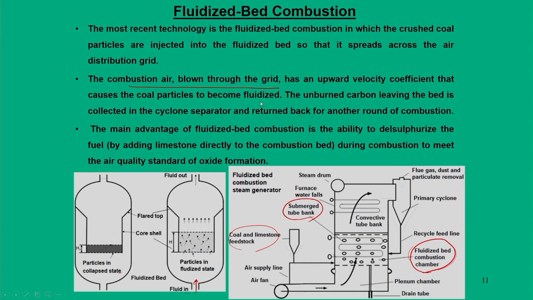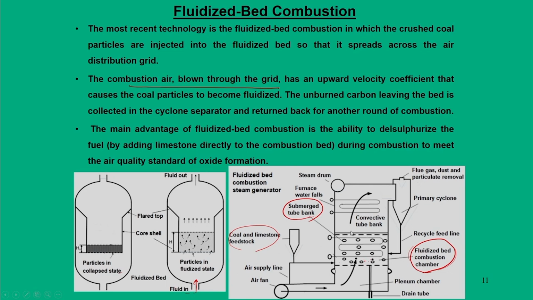Fluidized means coal does not become fluid, but it behaves in a fluidized form. The unburnt carbon leaving the bed is collected in a cyclone separator and returned back to the main unit again. And this is where combustion takes place.